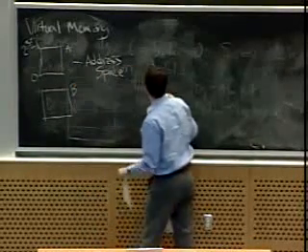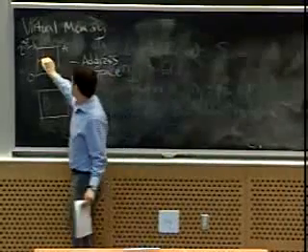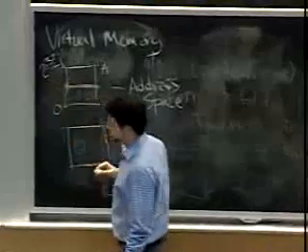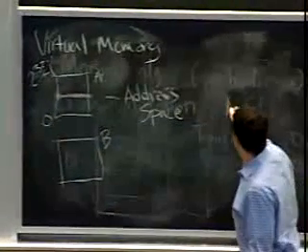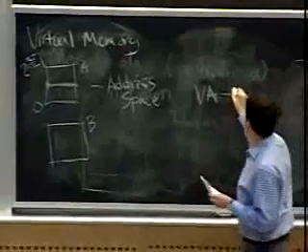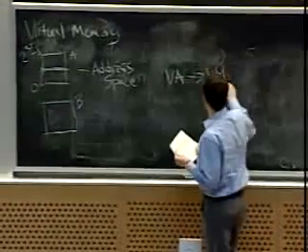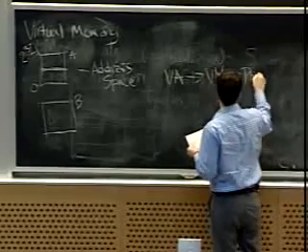And what I mean by that is that when process A refers to some address within its memory space, call it a virtual address VA, that address is going to be mapped by the virtual memory system into a physical address. Okay.